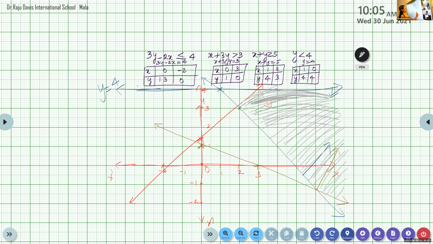You have to shade it completely. Finished? Hope you all completed this one.